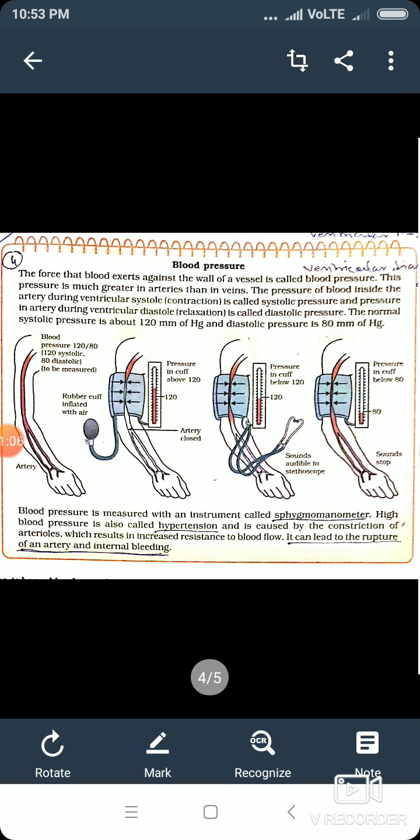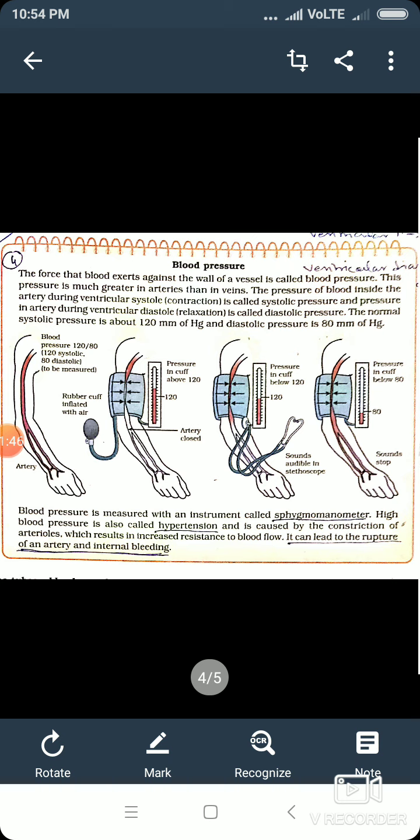High blood pressure is also called hypertension, and it is caused by the constriction of arterioles. I had already explained to you about arterioles when I told you about the blood vessels, arteries, veins and capillaries, which results in increased resistance to blood flow. It can lead to the rupture of an artery and internal bleeding. So this is what is blood pressure.